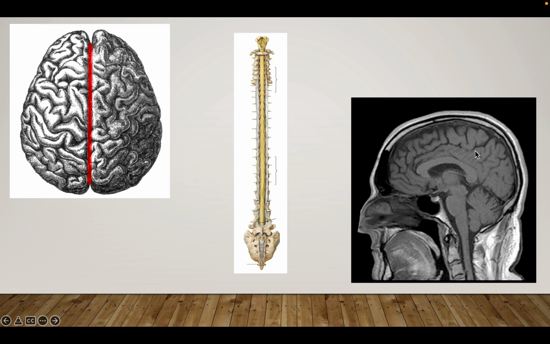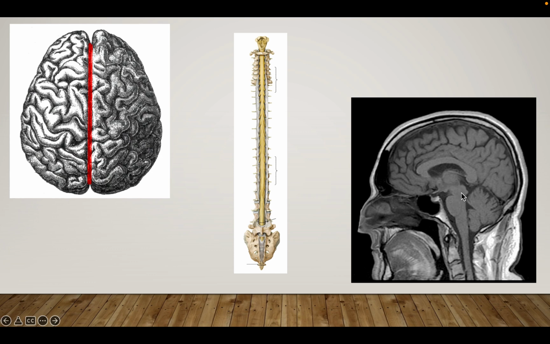And then here you can see this is a magnetic resonance imaging, so an MRI of the brain. So this looks like a mid-sagittal section through the brain, and you can see different parts. We can see cerebrum. We can see this right here, this is the corpus callosum. We'll look at the pons, the medulla, cerebellum here, and so this is again still part of our central nervous system.